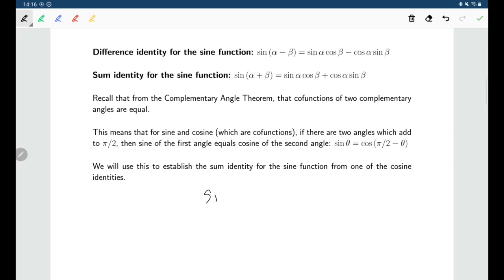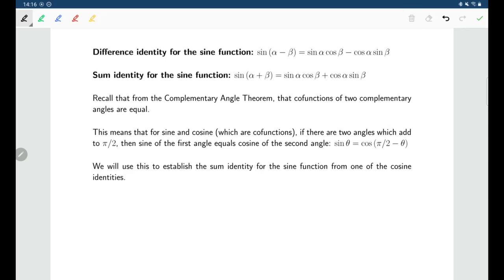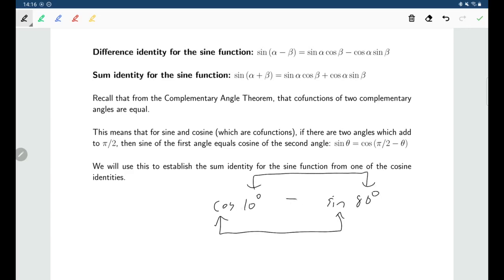So for example, if you're looking at sine of 30 degrees and cosine of 60 degrees, you know that because sine and cosine are cofunctions, and because these angles add up to 90, that therefore these two things must be equal. Or similarly, if you were looking at cosine of, let's say, 10 degrees and sine of 80 degrees, these two are cofunctions, and the angles add up to 90, so therefore these two things must be equal to each other.